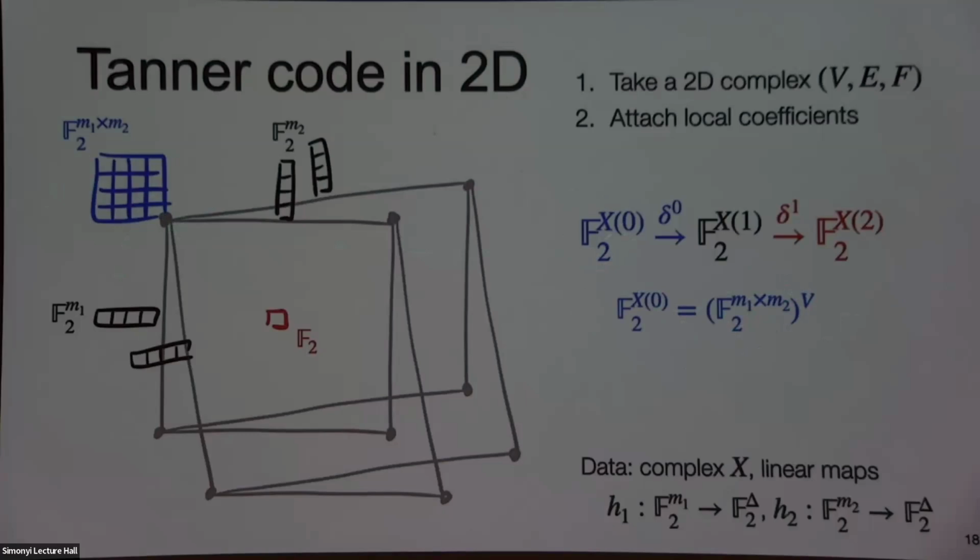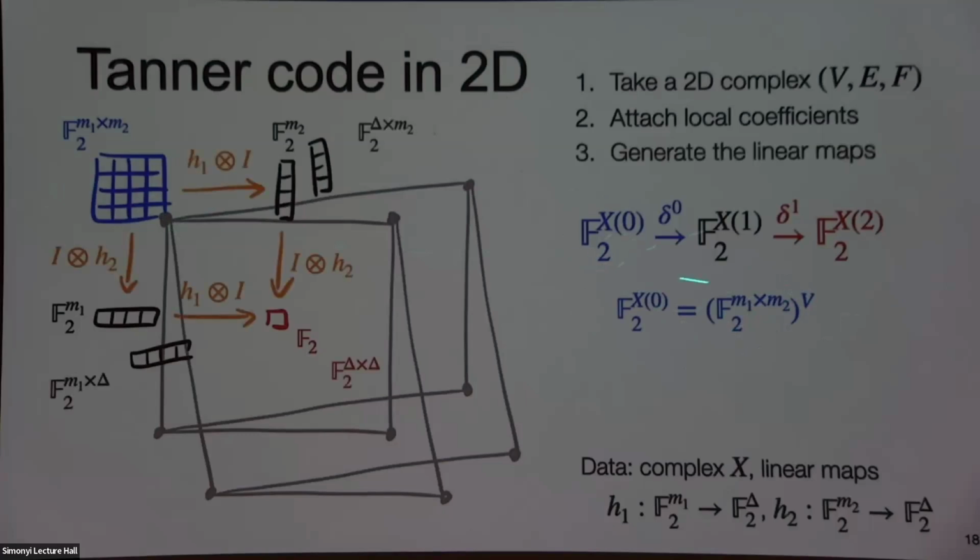All right, and now we can build the linear maps between them. These linear maps again come from the local linear maps. Here H1 is a map from M1 to delta. So H1 tensor I will map this matrix into a larger matrix, delta times M2.